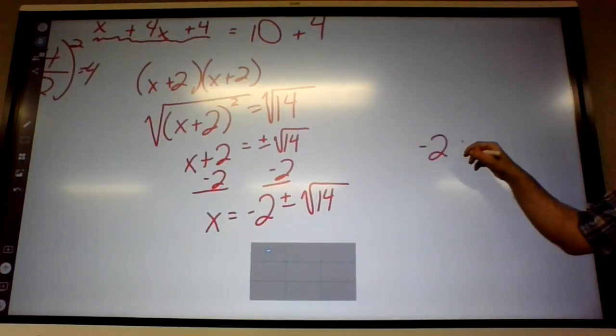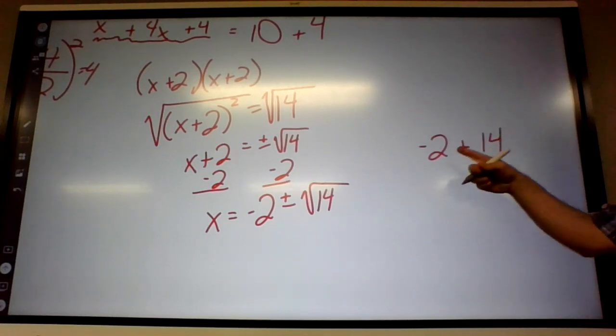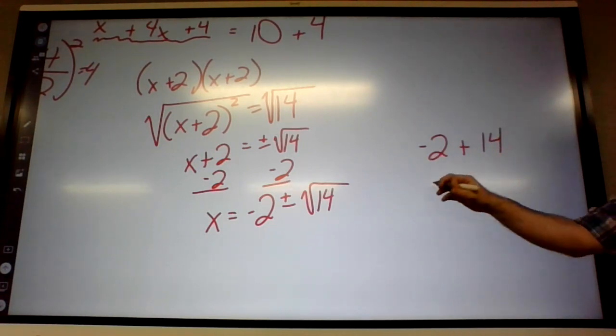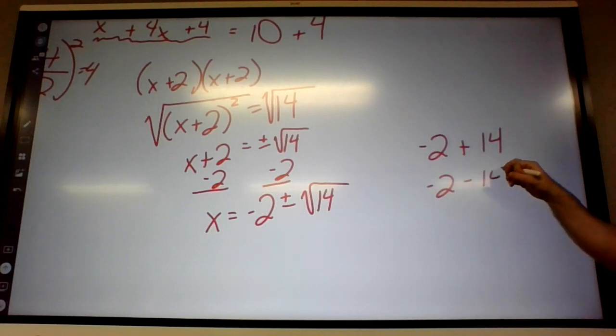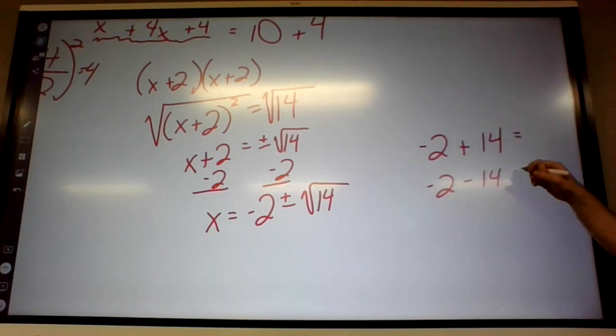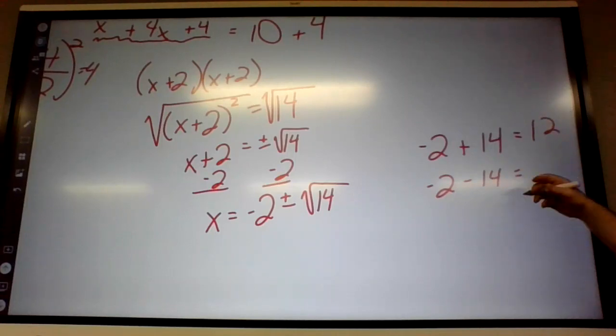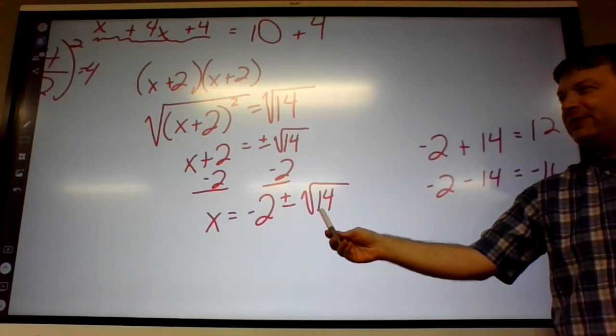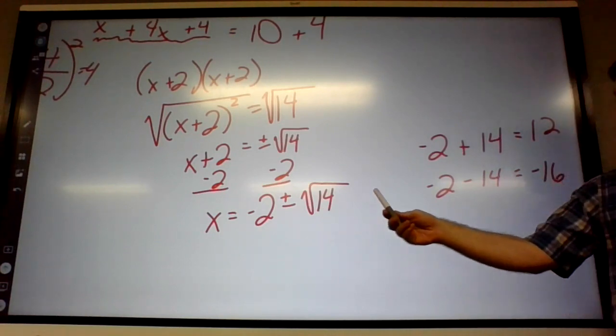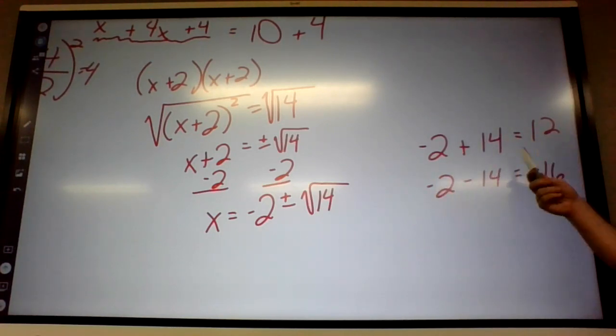Let's say it had come out perfectly as like negative 2 plus 14 or negative 2 minus 14. If that is the case, you can keep going and solve it. Like the answers would be 12 and negative 16. But if it's a square root, you can't really simplify that. If it's a normal number, go ahead and solve it.